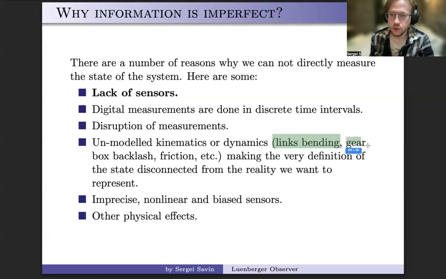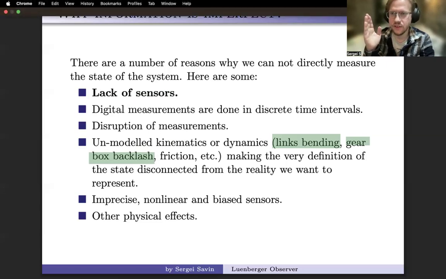Also, gearbox backlash is standard for a lot of robots. If you have a gearbox and your robot is not using extremely precise, very expensive motors, it's very typical that you would have a slight dead zone, backlash, etc. What I'm talking about is that your motor stands still, but your output shaft can move slightly, like a degree, half a degree.